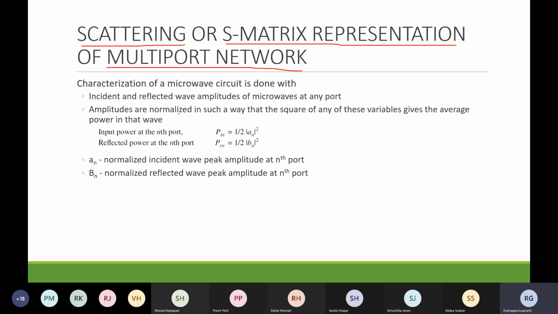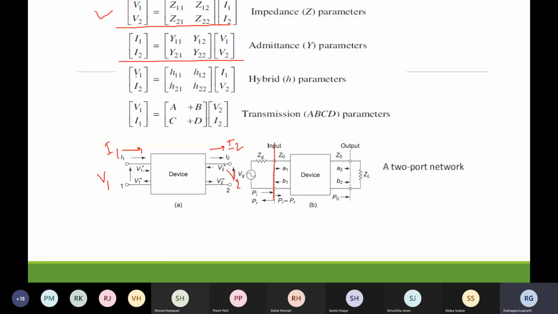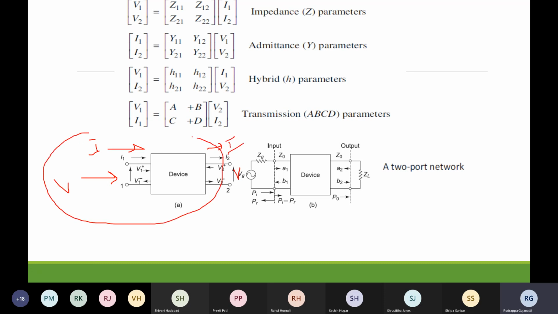Now, before going into this, there are a few terms we have to look out for. First, how do we characterize the microwave circuit? When we consider a general two-port circuit at low frequency, we can characterize it based on the input voltage, output voltage, input current and output current. These are the parameters we can utilize to characterize a two-port network at low frequency.